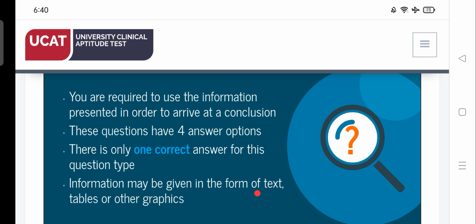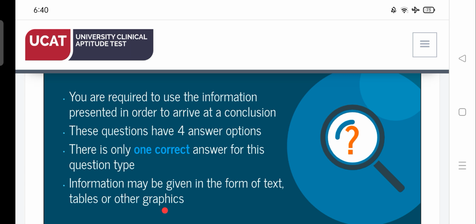Information may be given in the form of text, tables, or other graphics. In the syllogisms type, the information will be only in the form of sentences or a passage. But in the logical puzzles, the information provided to you could be in the form of text, tables, or any other graphics, that is charts or diagrams.